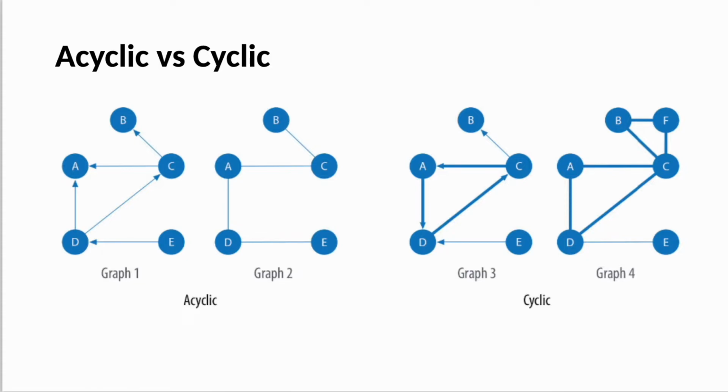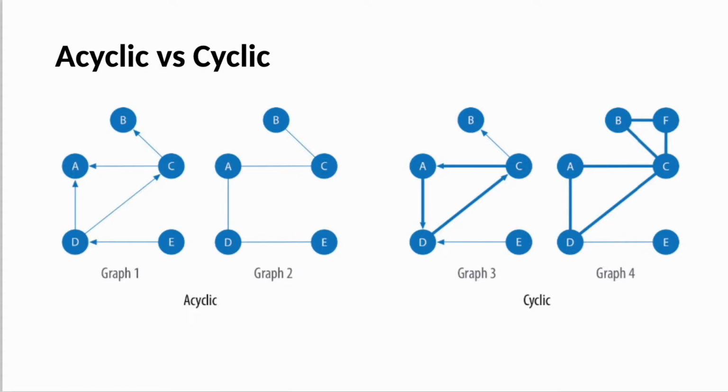We have the cycle DCAD in graph 3, while we have multiple cycles in graph 4. To name a few, we have DCAD and CFBC. We also have a closed cycle with a repeated node C for BFC, DACB.